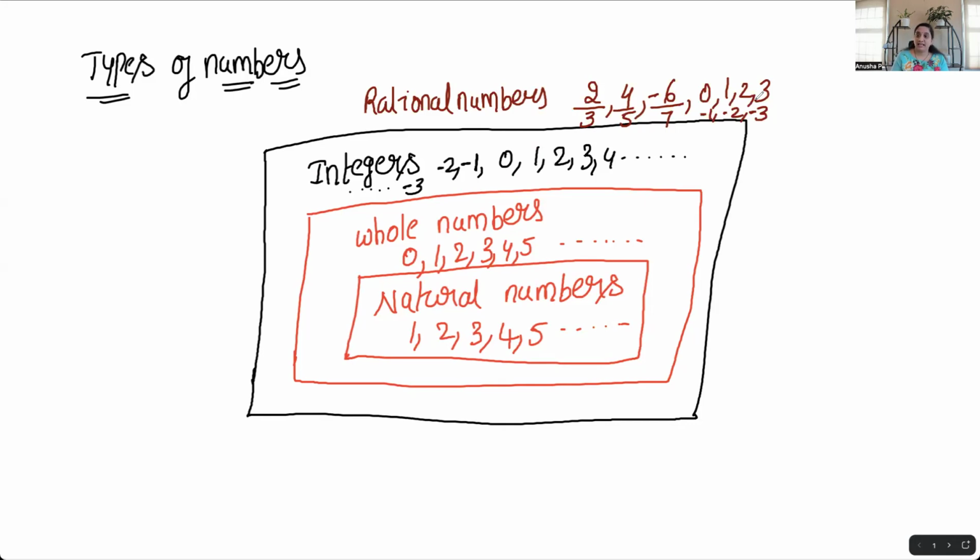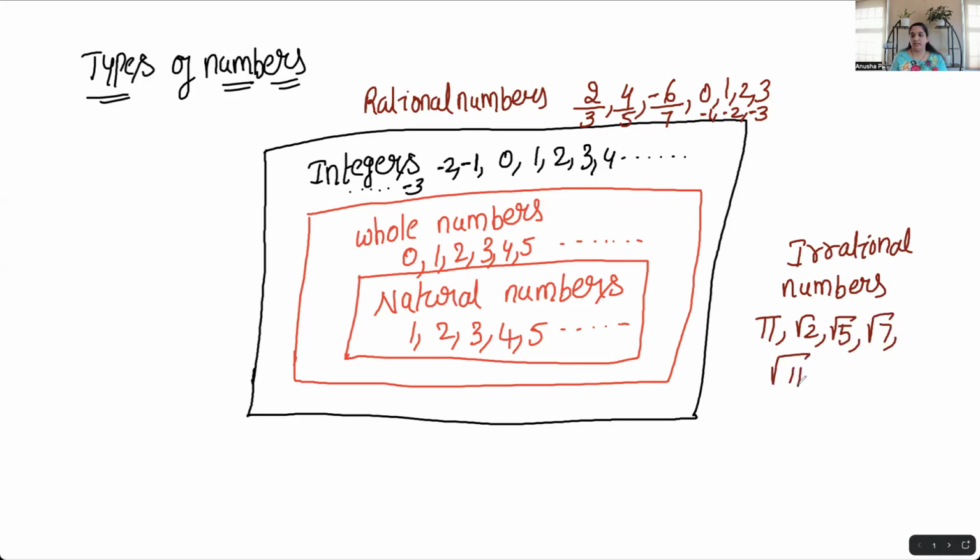The next type of numbers are called the irrational numbers. Irrational numbers are pi, square root of 2, square root of 5, square root of 7, square root of 11, and so on.